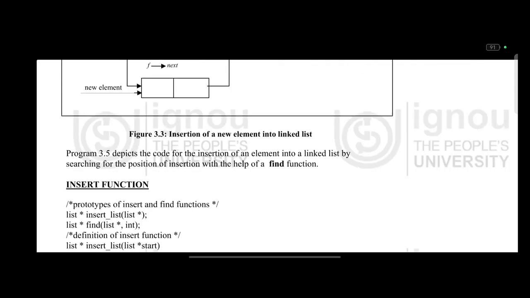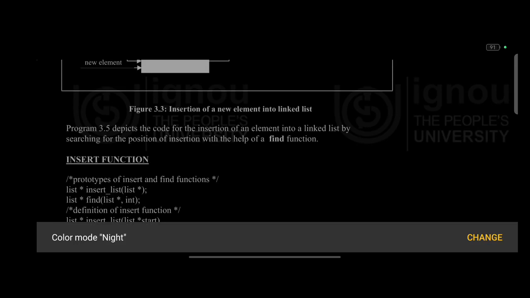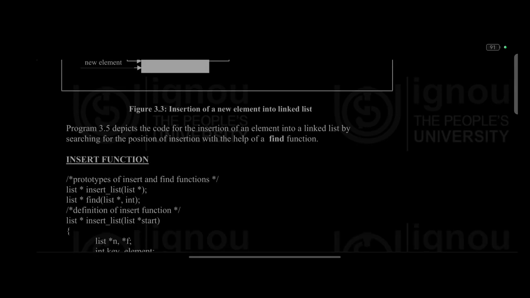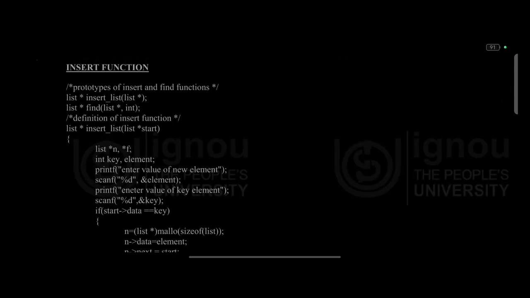Program 3.5 depicts the code for the insertion of an element into a linked list by searching for the position of insertion with the help of the find function. Prototypes of the insert and find functions: list *insert_list(list *, list *, int); list *find(list *, int).